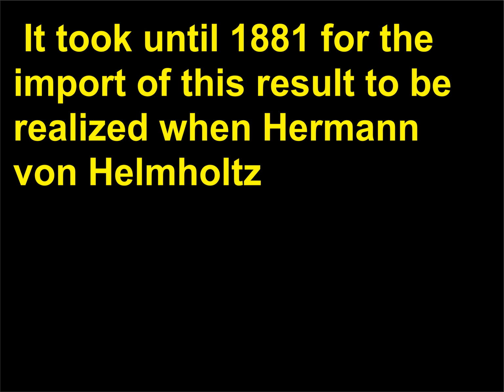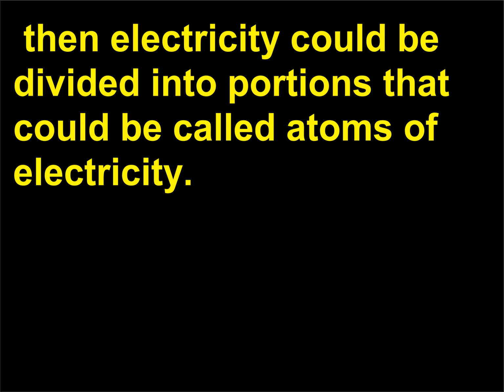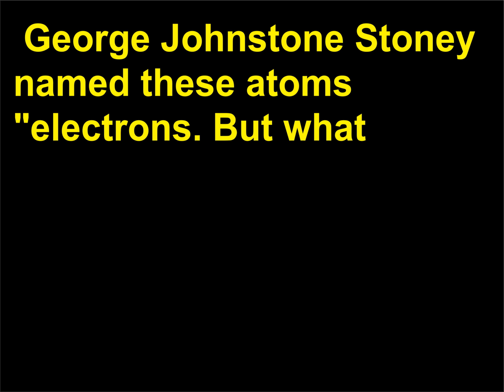It took until 1881 for the import of this result to be realized, when Hermann von Helmholtz, 1821–1894, pointed out that if elements are composed of atoms, then electricity could be divided into portions that could be called atoms of electricity. George Johnstone Stoney named these atoms electrons.